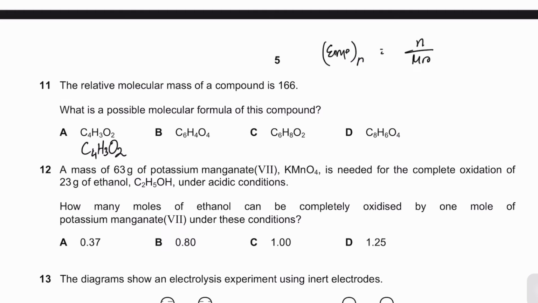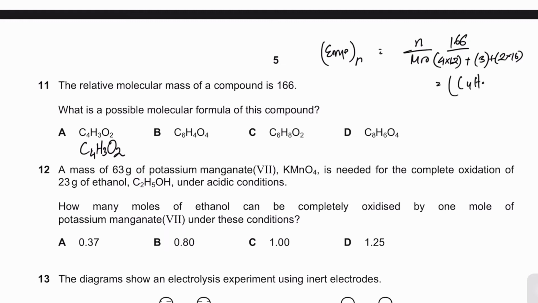So if we go ahead and do 166 divided by 4 times 12 plus 3 plus 2 times 16, C4H3O2, it's going to give us 2.